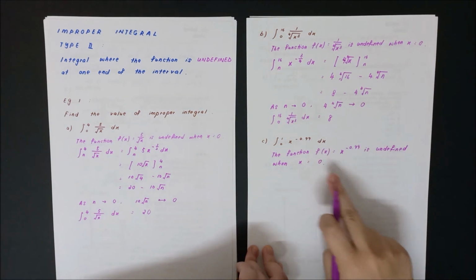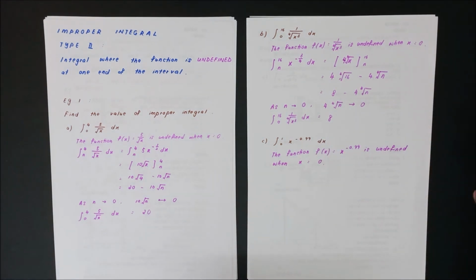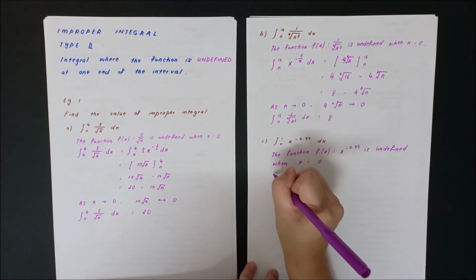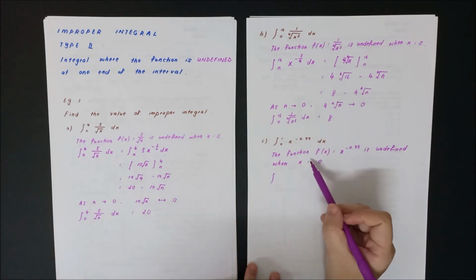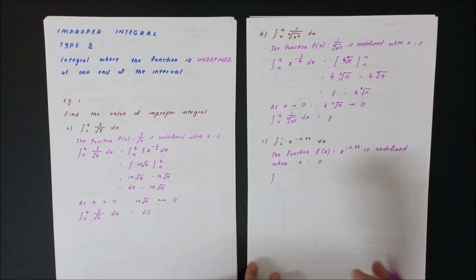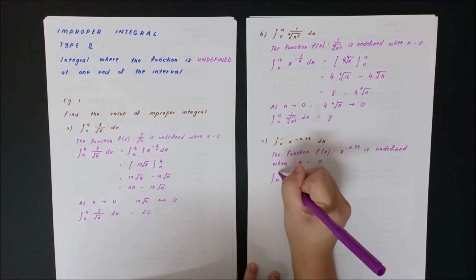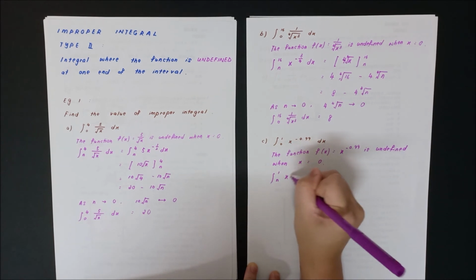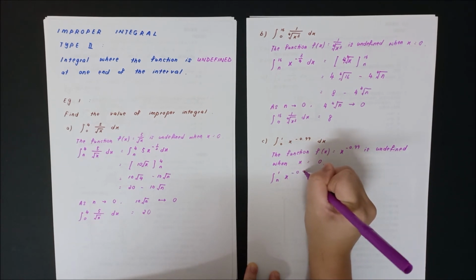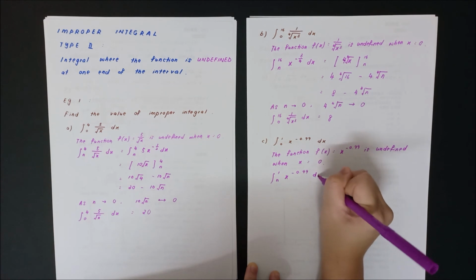Okay, so you can try it out. When you put anything, the base for your index is 0, you will get math error in your calculator. Okay, so now let's do it. So since x equals to 0 gives undefined answer for your function, then we're going to change the 0 to n. So 1 x minus 0.99 dx.